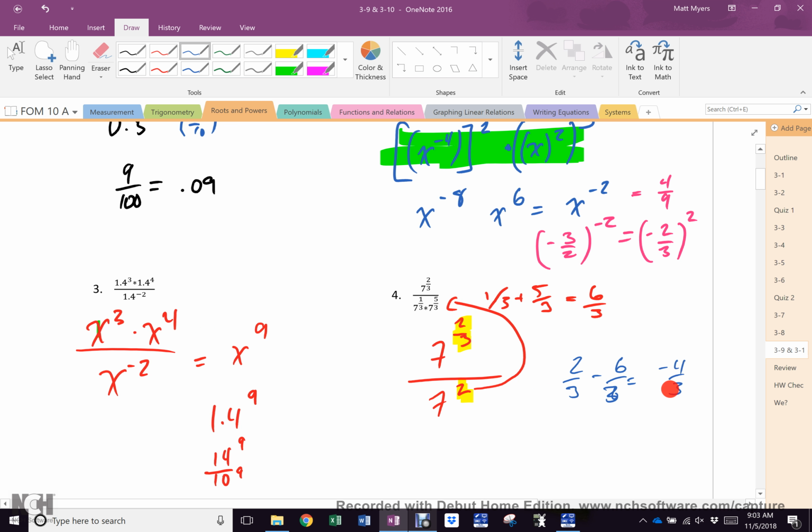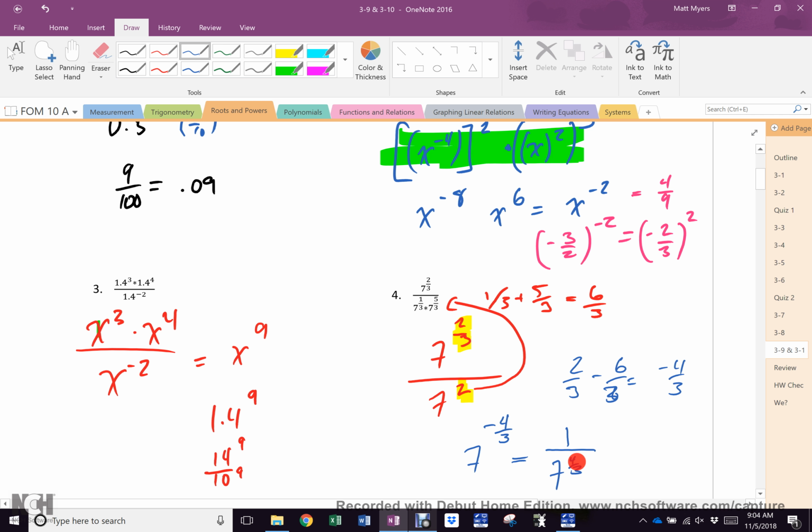Negative 4/3. So my final answer is 7 to the negative 4/3. Can I leave it like that? If I didn't want full marks, I could leave it like that, because something there is not allowed. Negative exponents. So this should really be 1 over 7 to the 4/3.